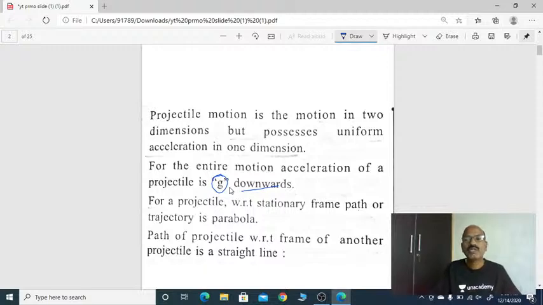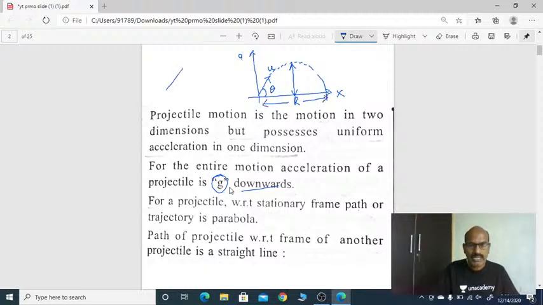We know that in projectile motion, along the horizontal and vertical axes, we project with an initial velocity u at an angle theta to the horizontal. This is the angle of projection. The maximum height is reached by the projectile, and this is the horizontal range.